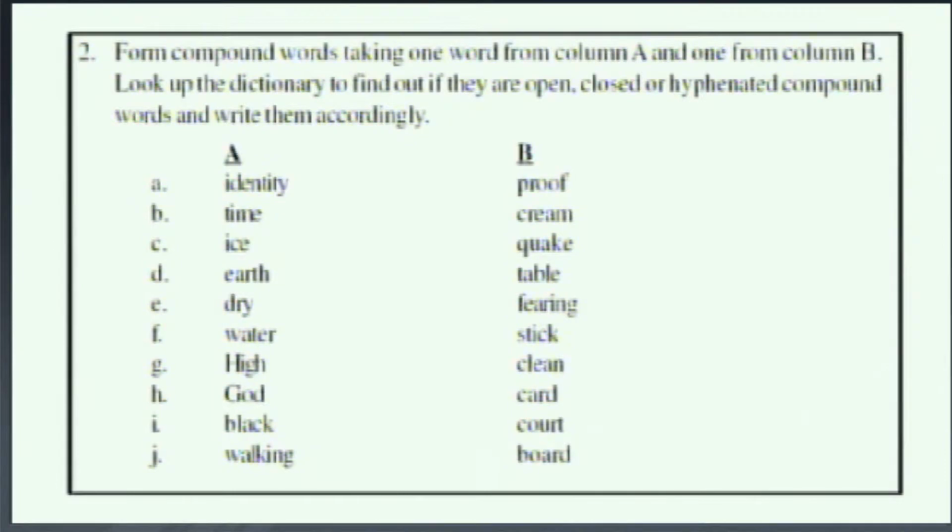You have to find out the right pair, like identity card, time, yes, timetable, eyes, very simple, cream, earth. So, find it out. Okay. Let us do first of all earthquake, complete it, dry, dry clean, and many more.